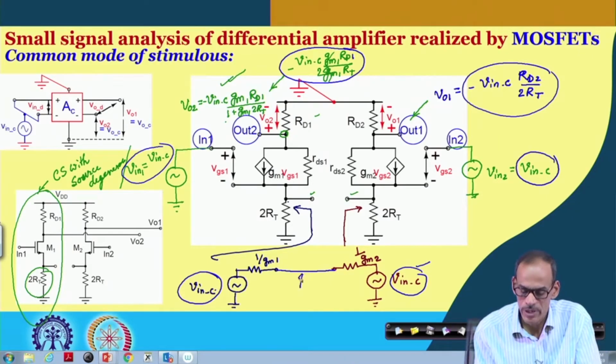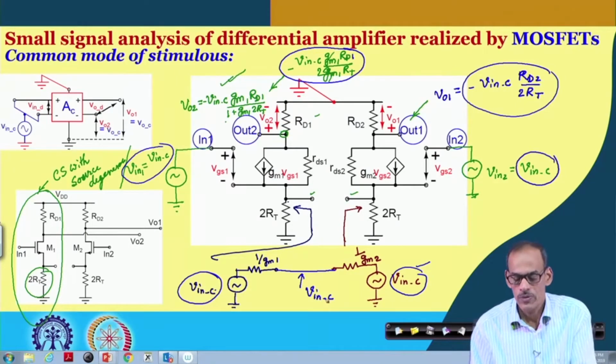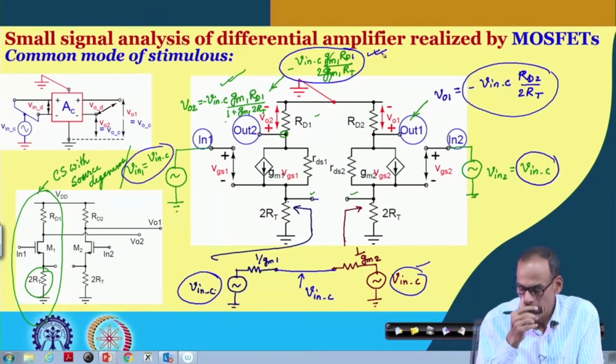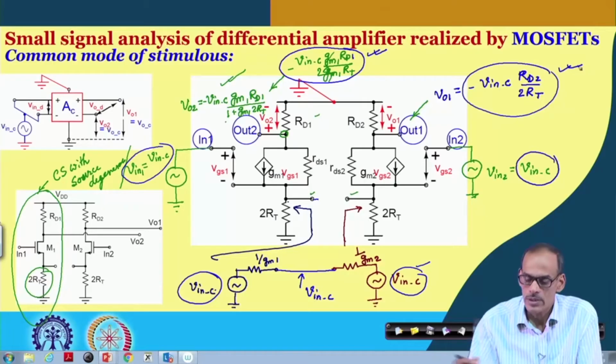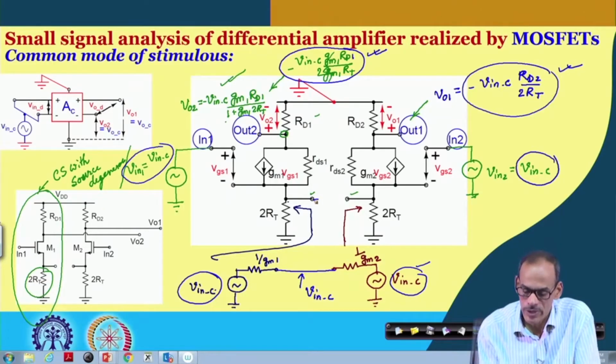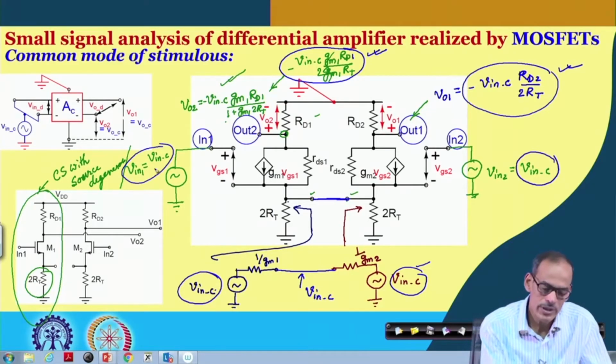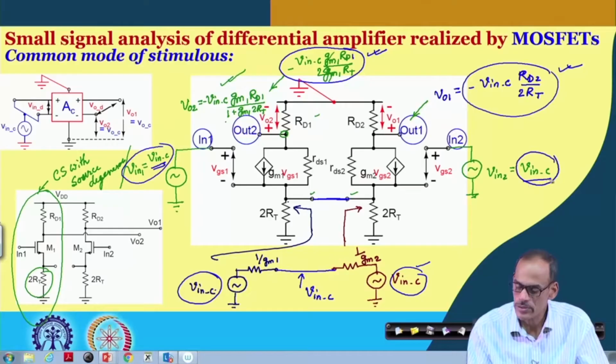So the signal coming at this point will be V in C. Whatever signal we have here and here remains the same even if you make this connection, mainly because the applied input signals are identical and in phase.